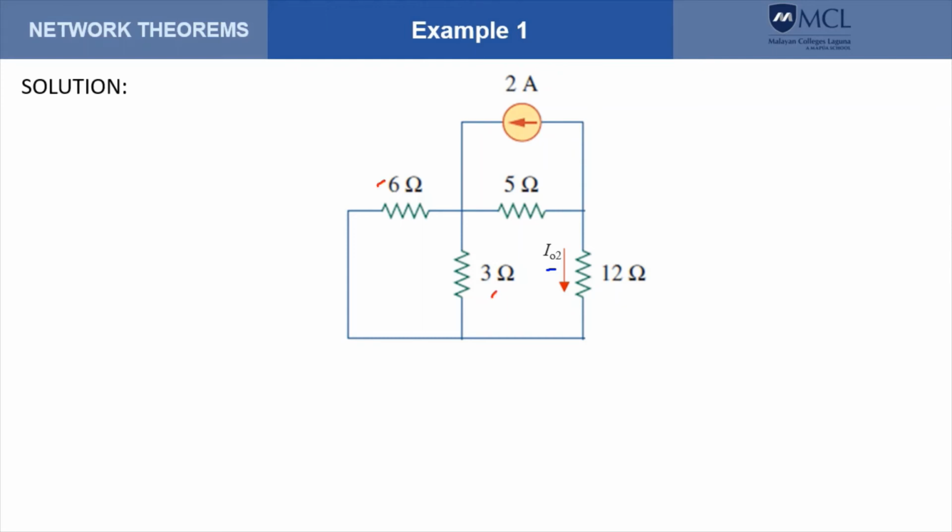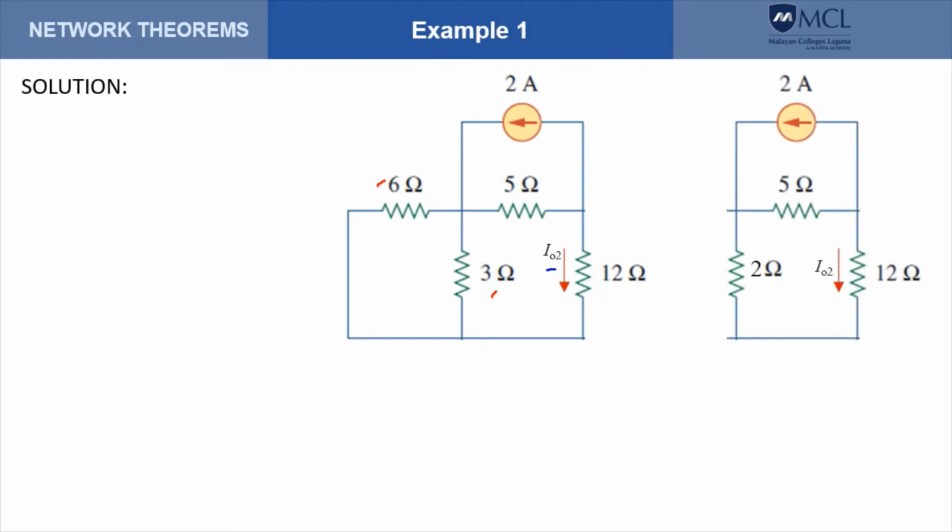These two resistances are in parallel and therefore can be combined so that the circuit will now look like that. And again, here we have a situation where we have two parallel elements. The combination of 2 and 12 will give us 14. We combine that, and that combination is in parallel with the 5 ohms.